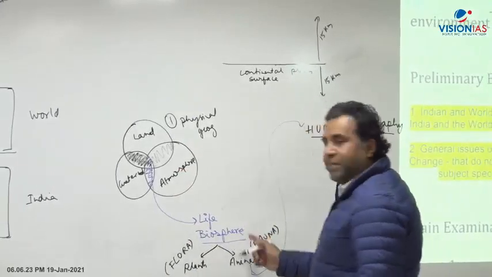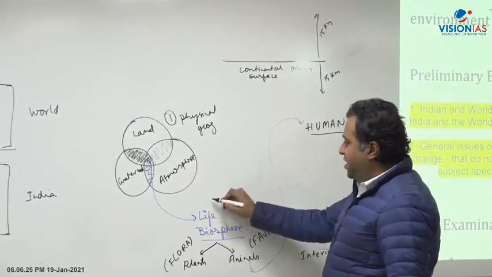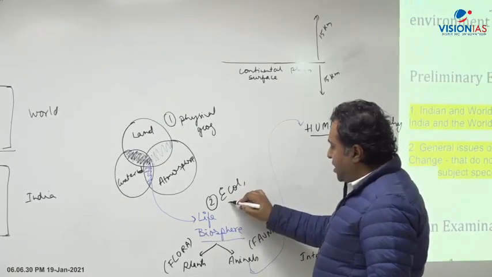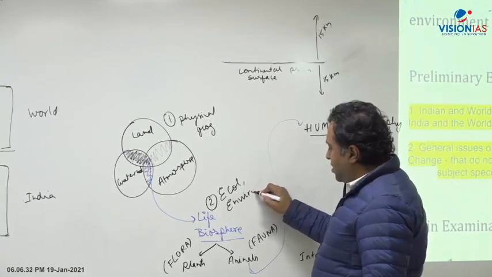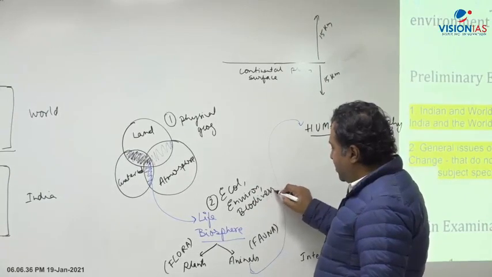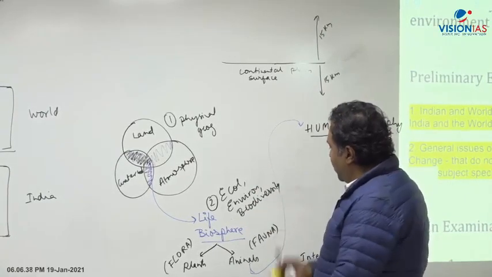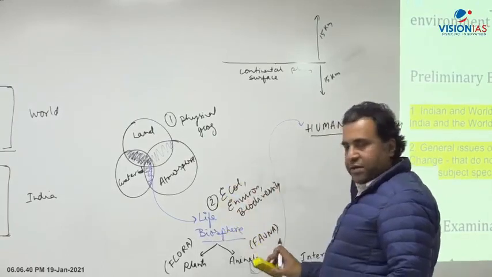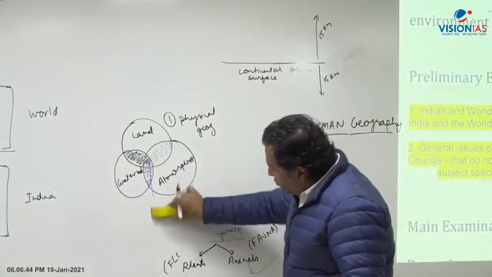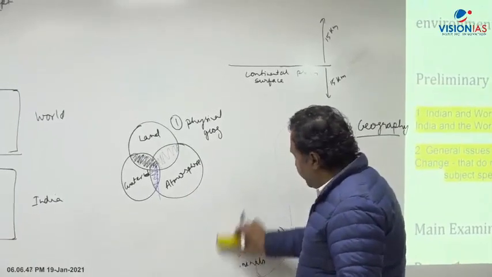In that, the biosphere, ecology, environment and biodiversity, that was the second part. Hopefully you understand. So this also I rub and remove, because I don't need it for the geography part.